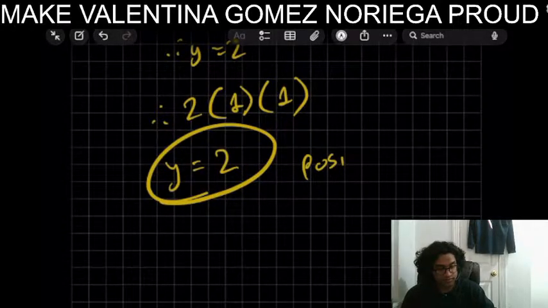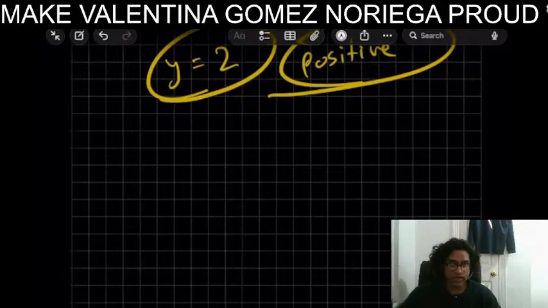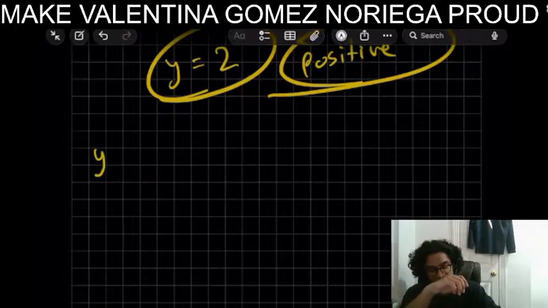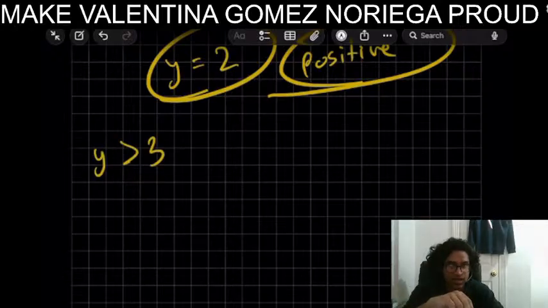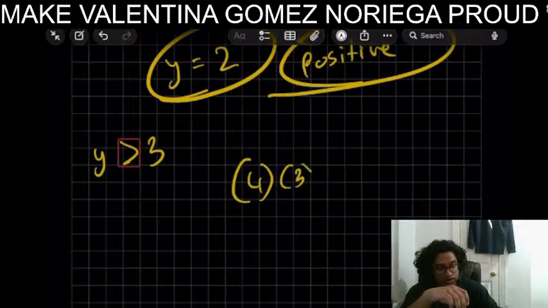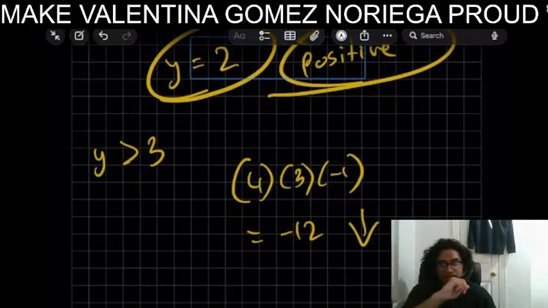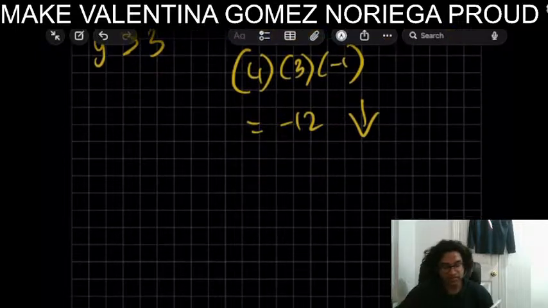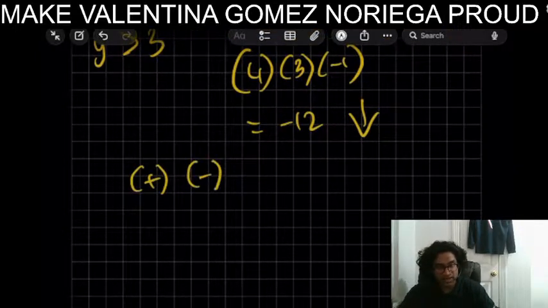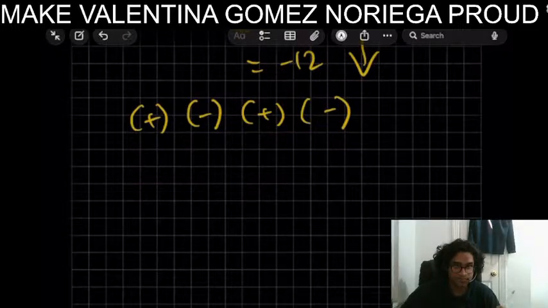Positive. So we have a positive, a negative, a positive. And then obviously you'll also have y greater than 3. Let's say y is 4. Then I'm going to have 3, and minus 1. So that is minus 12, which is negative. So what I have is a plus, a minus, a plus, a minus.